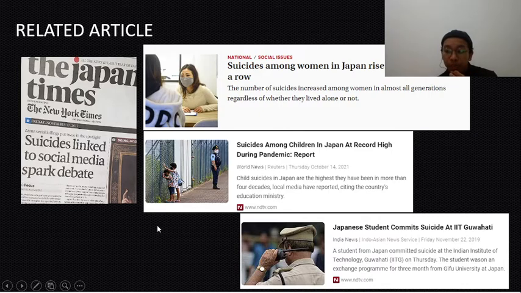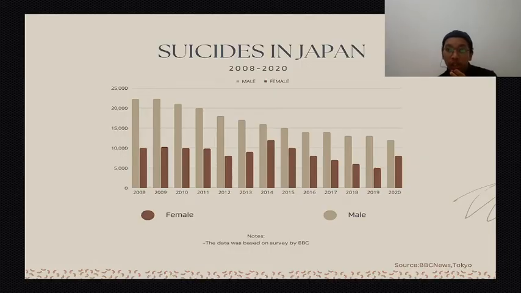For your information, Japan had the most suicide cases in the world from 2008 to 2020, and this slide shows the statistics of suicides in Japan. As we can see here, in 2009 the male cases of suicide in Japan came to the peak of the table, and in 2014 there were many suicides among females in Japan.